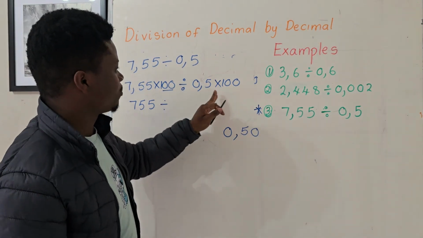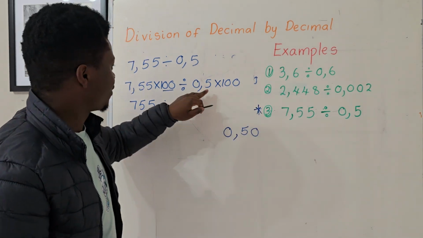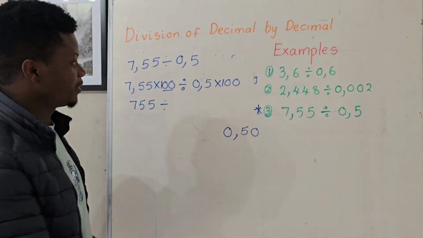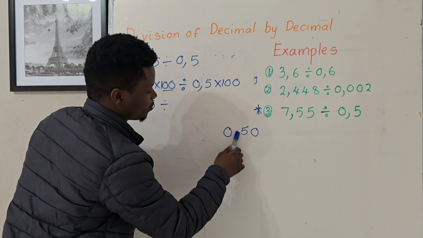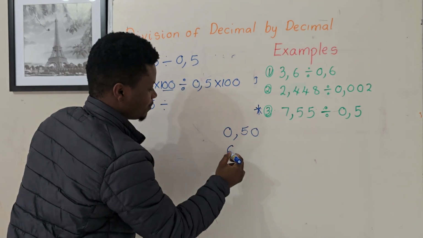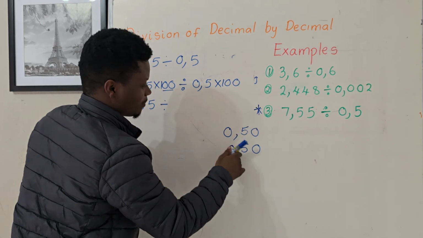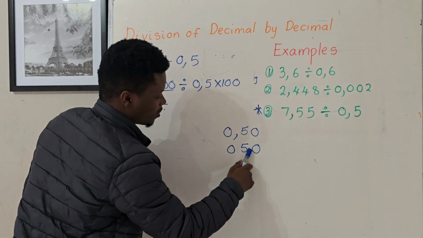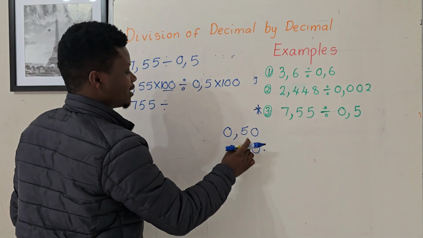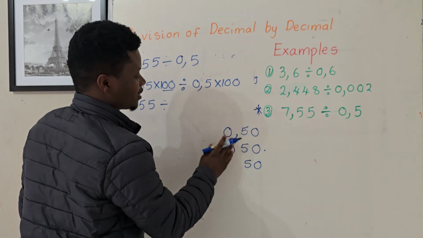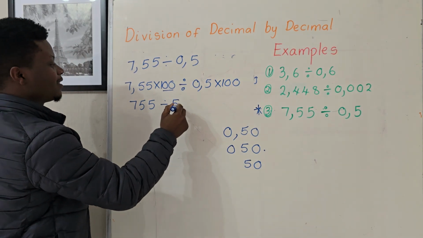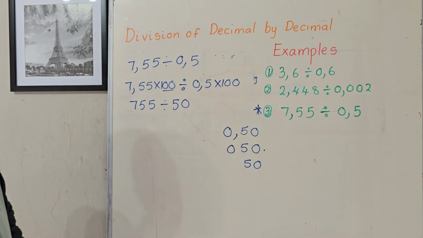So that I have to move 2 places to the right, and also I must have 2 places on this number. So let's move our decimal places 2 places, 1, 2. Let me just rewrite it like this. Move your decimal place 2 places, 1, 2. My decimal is here, so the number becomes 50. You just have to drop this 0. So that means this is being divided by 50.